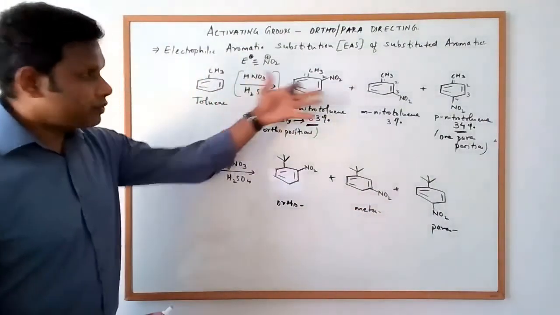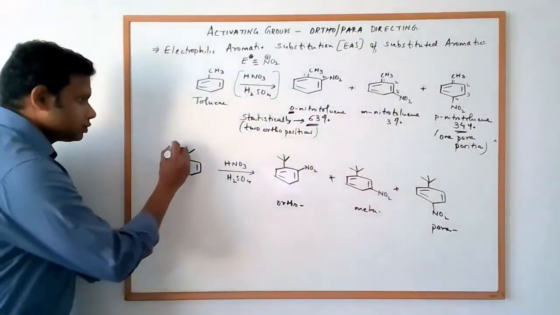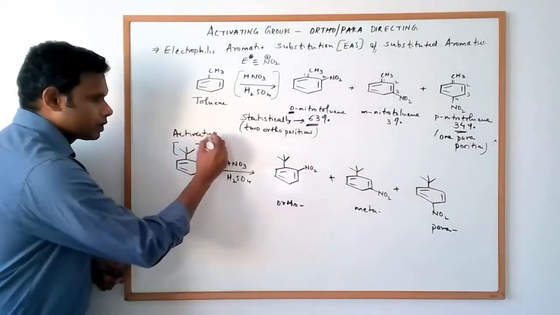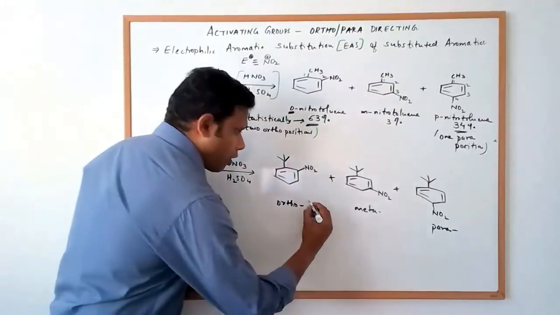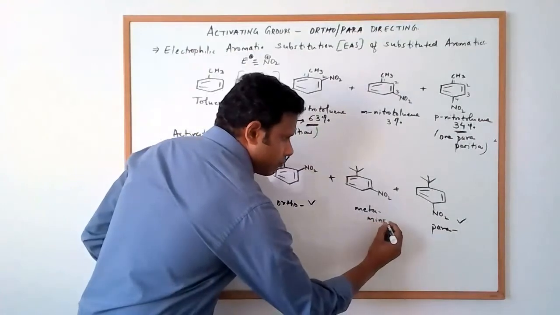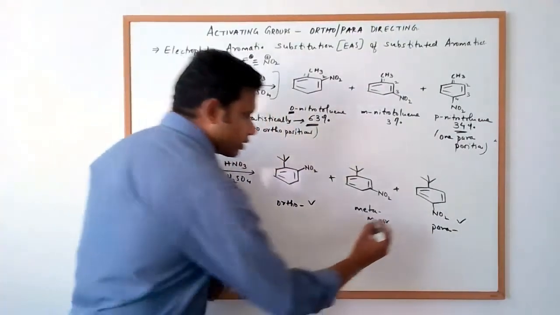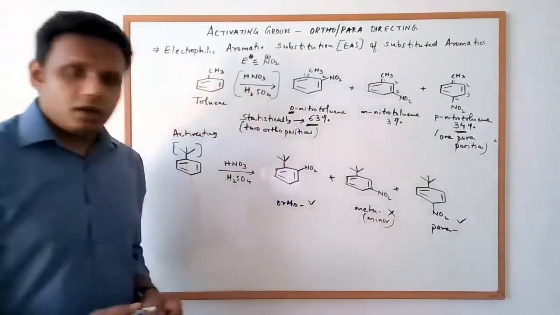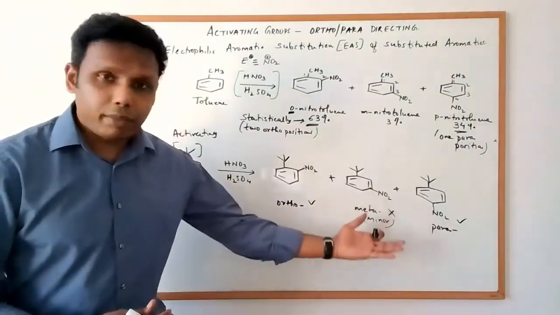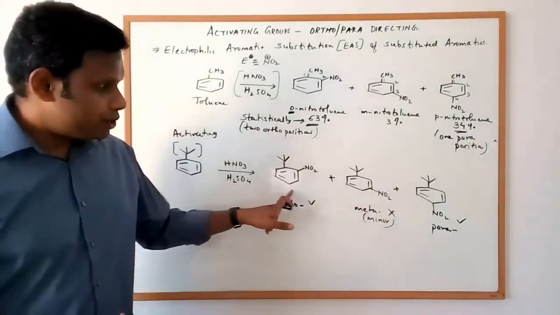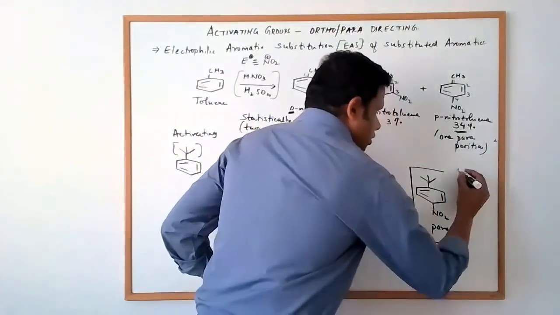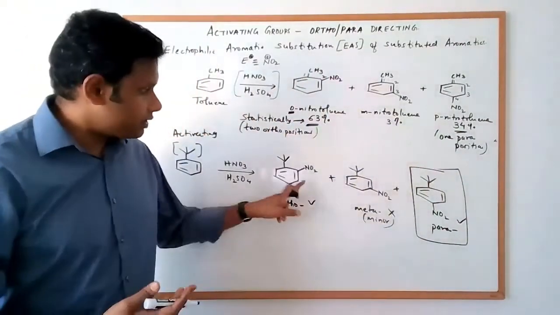Now, what we know from our previous example is that the tert-butyl group, being an activating group, is going to favor ortho and para. Meta would be the really minor product. It's not favored here. So we have ortho and para that are favored. But between the ortho and the para products, the para-nitro product here would be even more favored than the ortho.